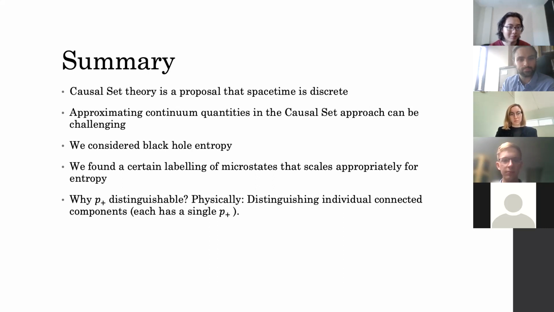Today we talked about black hole entropy, and we found some labeling of p minus and p plus points that scales correctly.